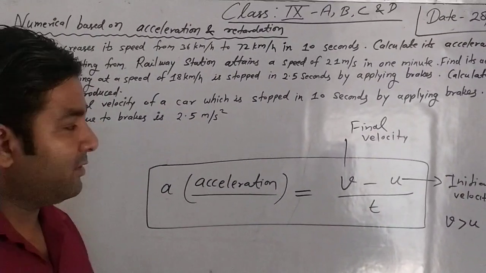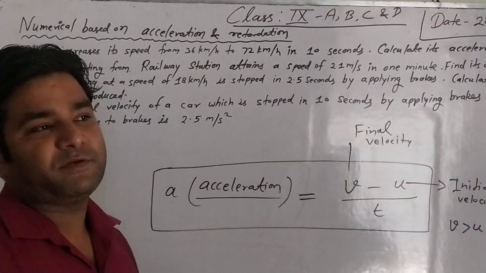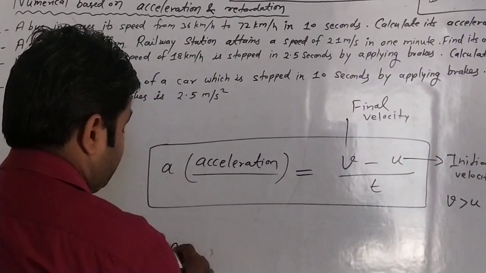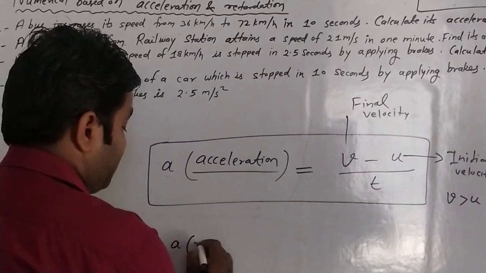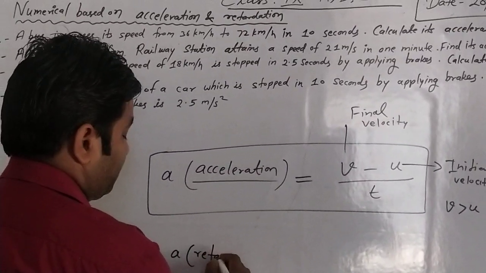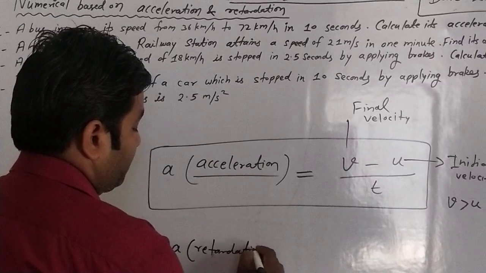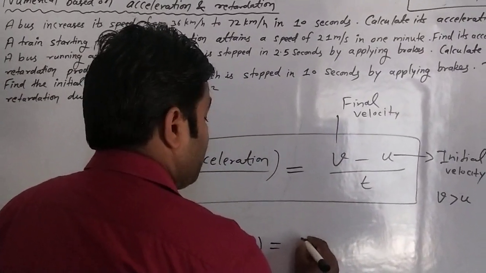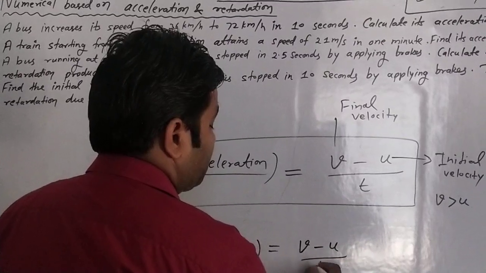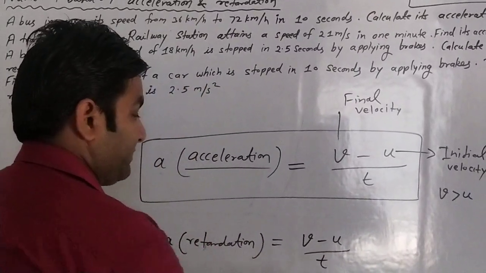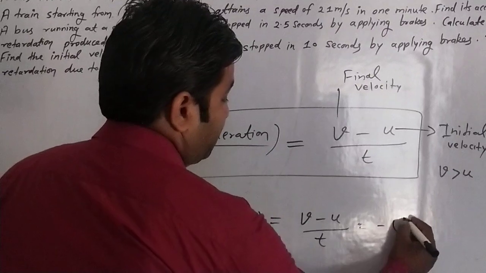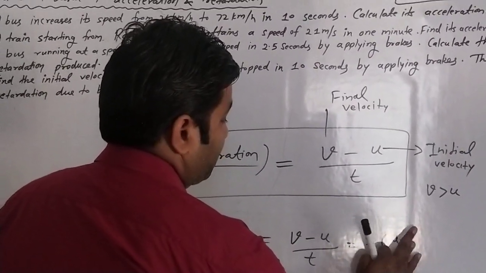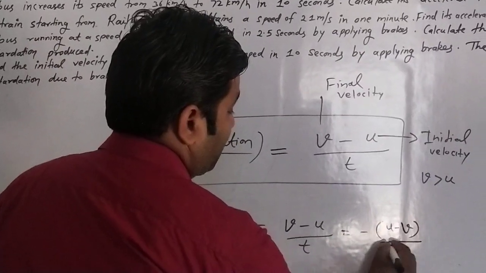When the velocity of a body decreases with respect to time, then it is retardation. The symbol is also a, but always with a negative sign, is equal to v minus u upon t, and whenever we take minus, then u minus v upon t.